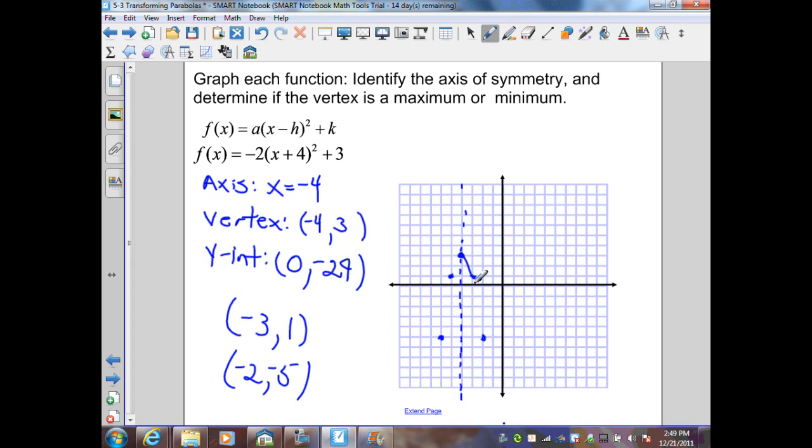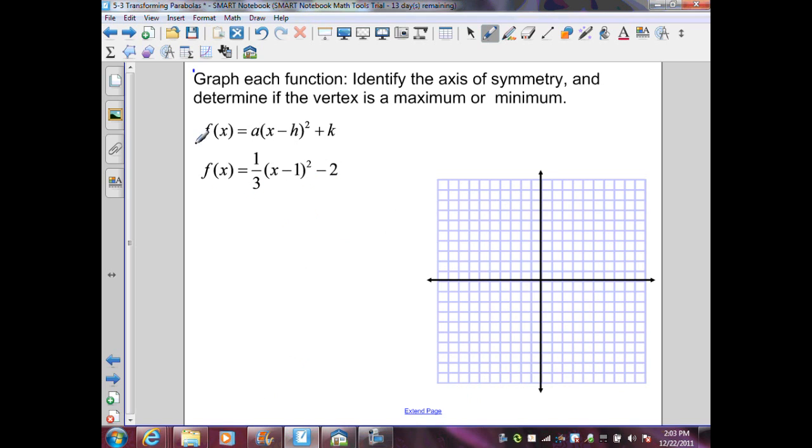Then I can sketch my parabola. Here, I have an axis of symmetry at x equals negative 4. I have my vertex, and I know since it opens downward, my vertex is a maximum.